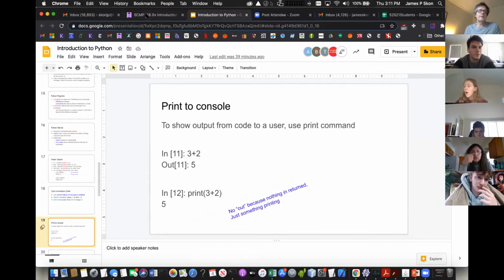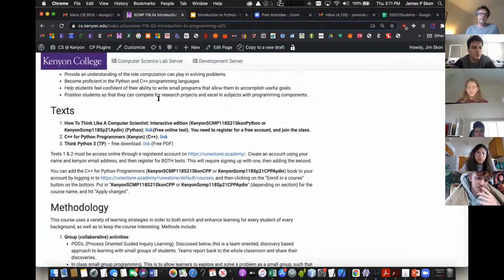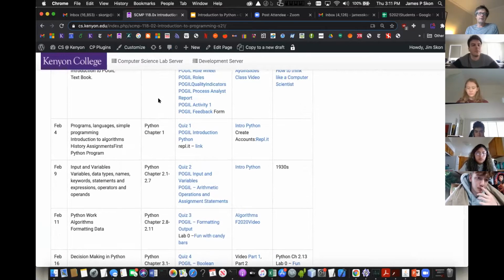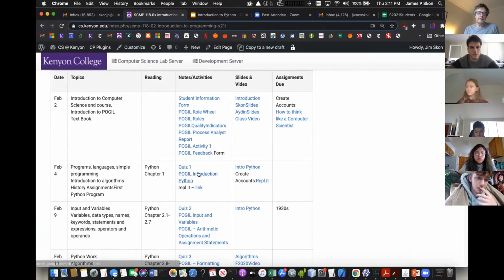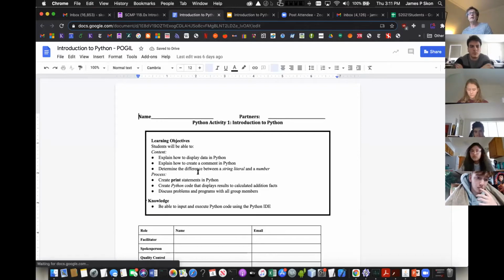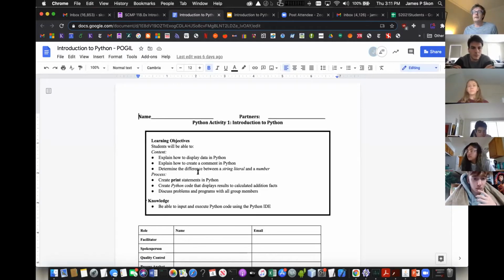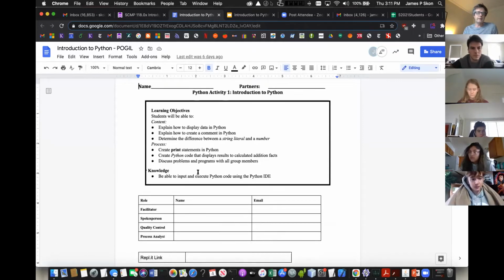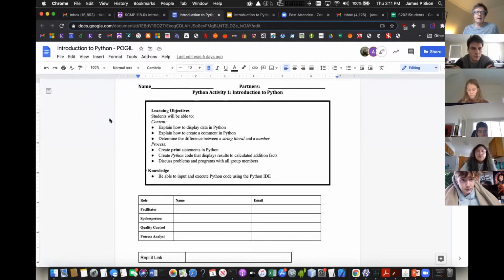Okay, so we've talked for a while. What we're going to do now is go to today's syllabus and do this POJL in groups, just like we did last time. I'm going to divide us into groups. Somebody is going to make a copy of this document, share it with each other and with me, and then you're going to decide what your roles are.